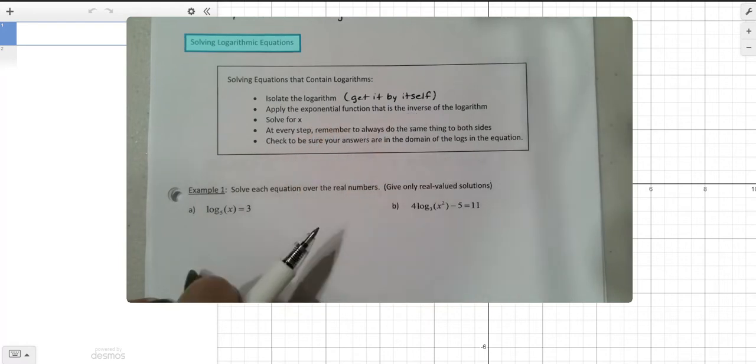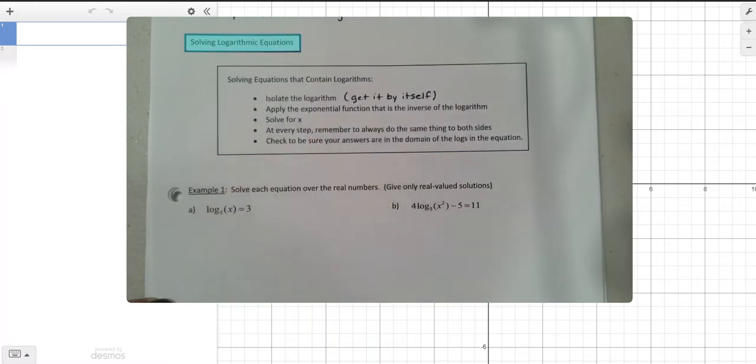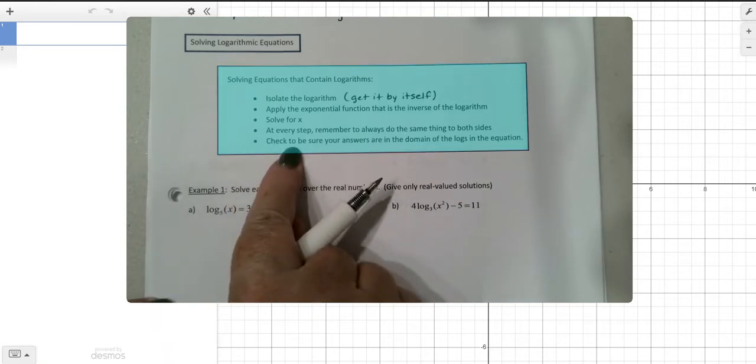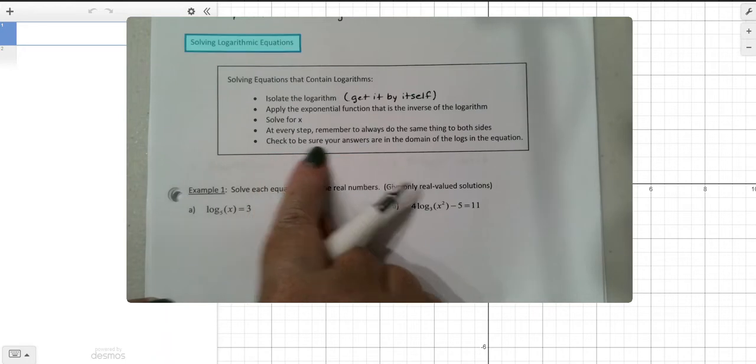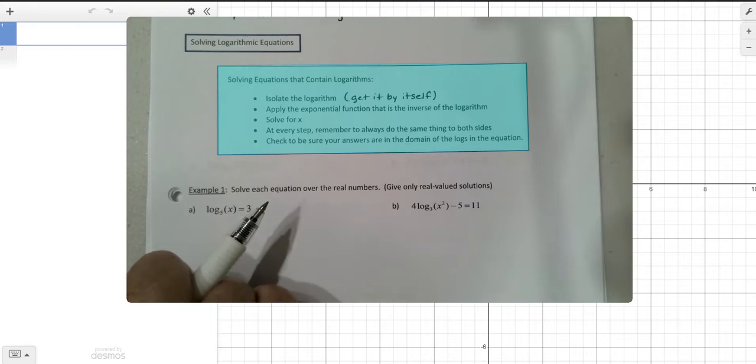That's the inverse. That'll get rid of the log, and it'll give us an equation that we can solve for x. Keep in mind, as always, when you're solving an equation, be sure to always do the same thing to both sides. And with our final answer, we also need to make sure we're in the domain of the logs in the equation.